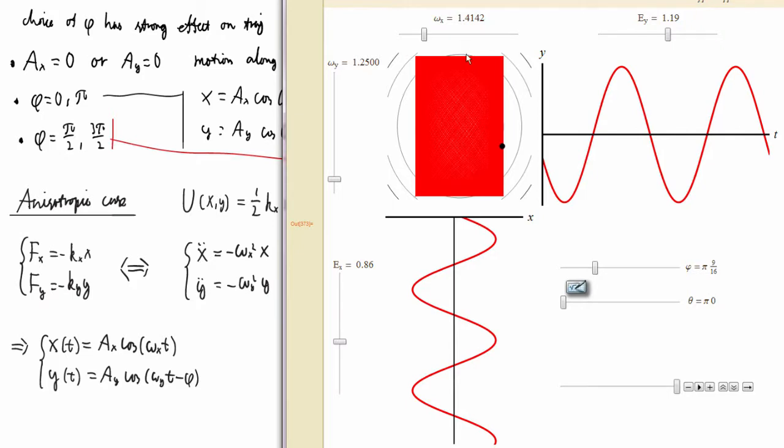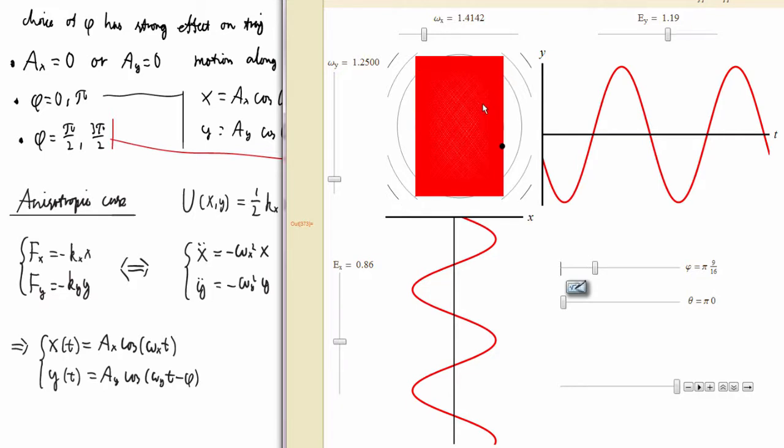Now we have a square root here, and that actually makes a difference. It turns out, in fact, that if the ratio of omega y to omega x is a rational number, that is a ratio of two integers, then the trajectory of the oscillator repeats. It comes back to its original configuration. Otherwise it doesn't. If it's irrational, then the oscillator eventually visits every point, or at least comes arbitrarily close to every point that's within this rectangle here.